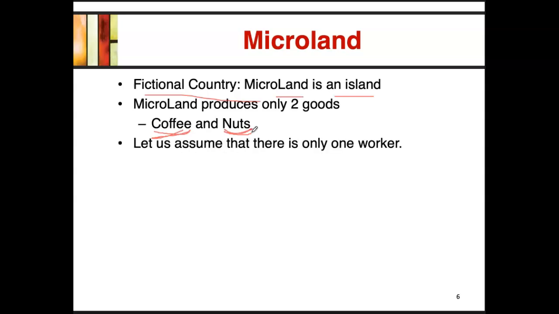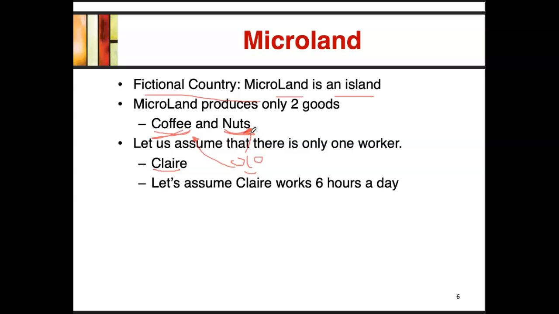And let's just assume that there's only one person living on Microland. Microland has one worker, and we'll call this worker Claire. She's basically stranded on this island, and this island produces coffee and nuts. Obviously, Claire needs to eat. She can't go hungry on the island or else she will die.